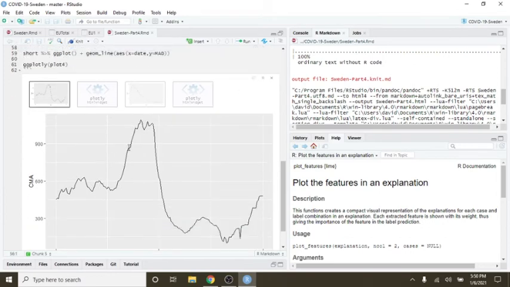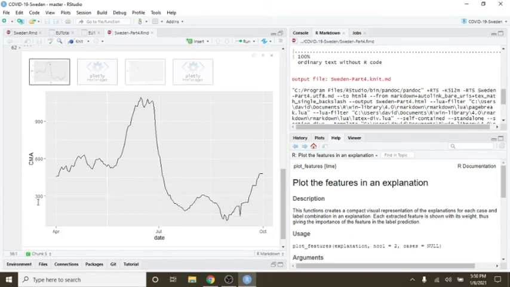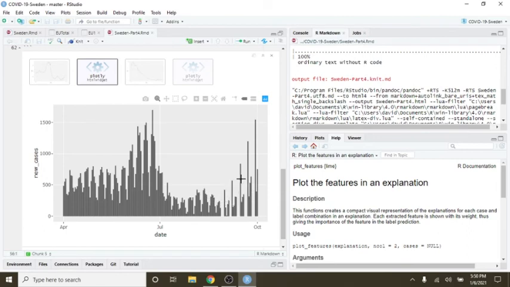This is the smooth average for cases from April through October 1st. And here you can see is when they started doing this Tuesday through Friday numbers back in August. So here you go, August, September, October. The numbers start to increase. Let's look at the data. Look what happened here.